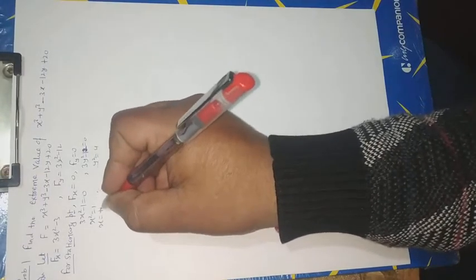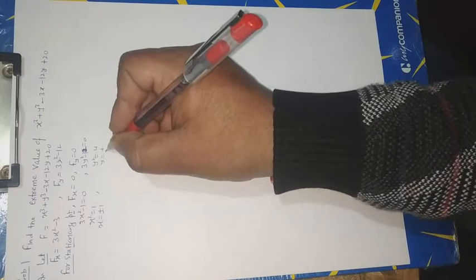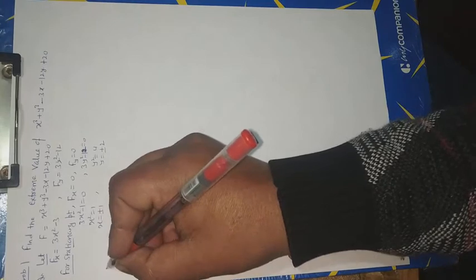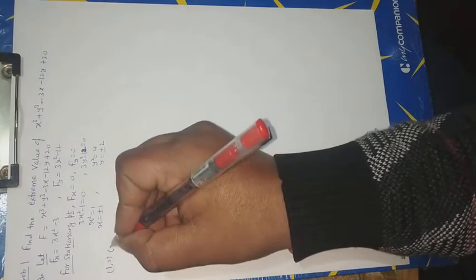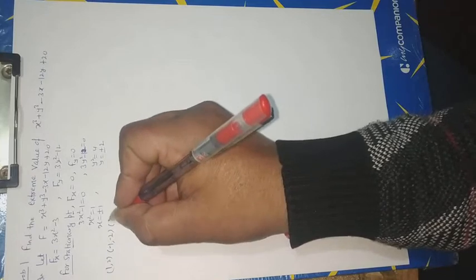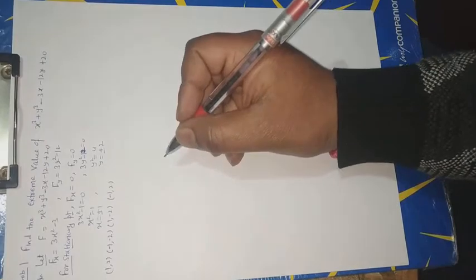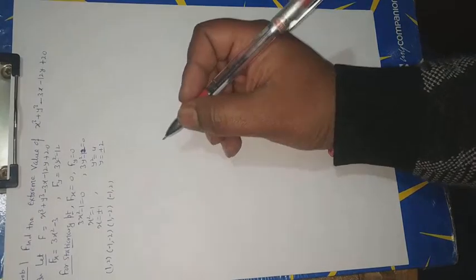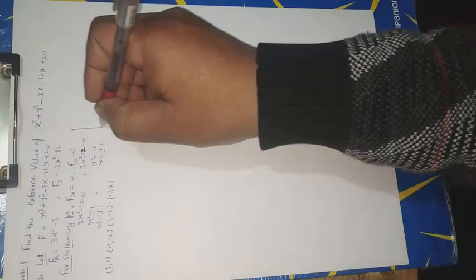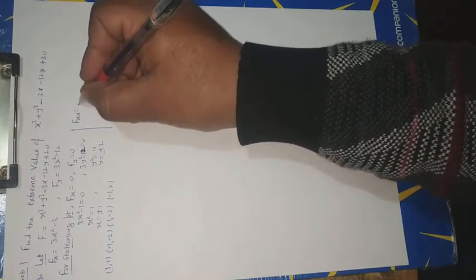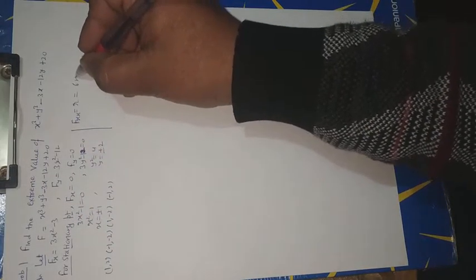So x is equal to plus minus 1, and y is equal to plus minus 2. Now here (1, 2), (-1, -2), (1, -2), (-1, 2) are 4 points. There are 4 stationary points. Now partial differentiation 2 times with respect to x, that is fxx, denoted by r, is equal to 6x.